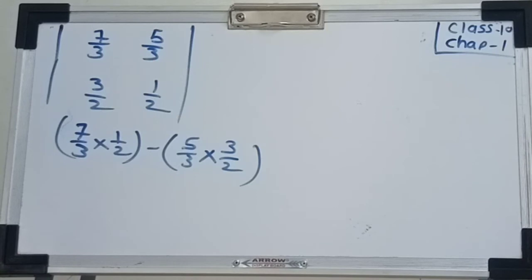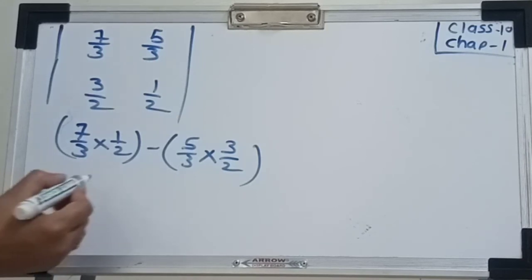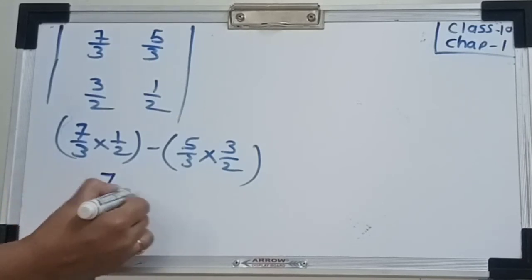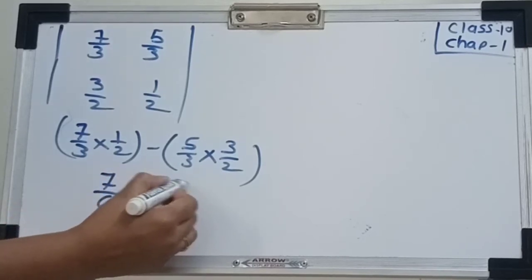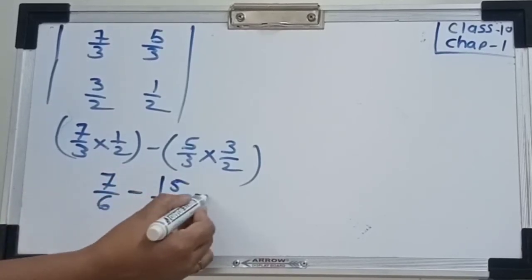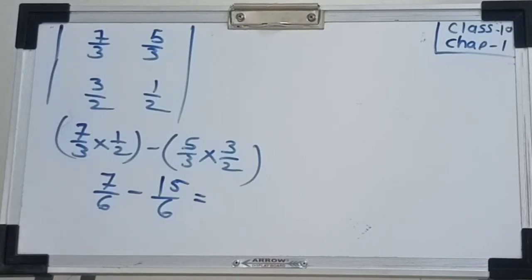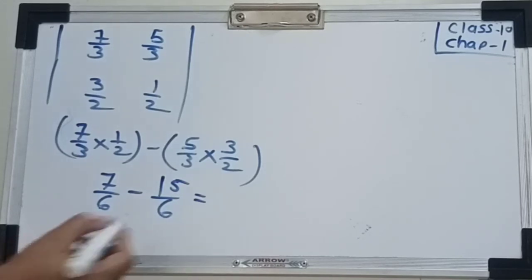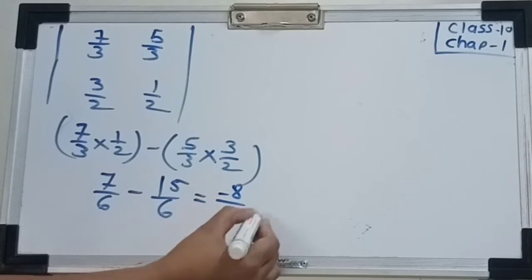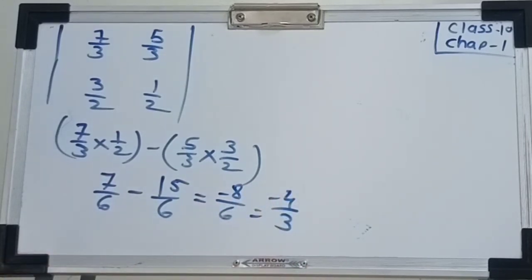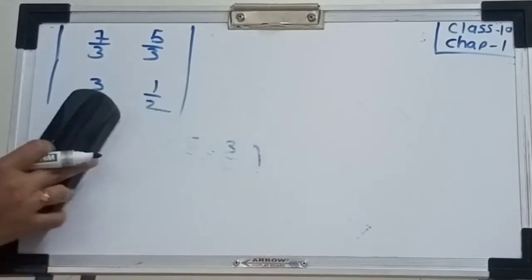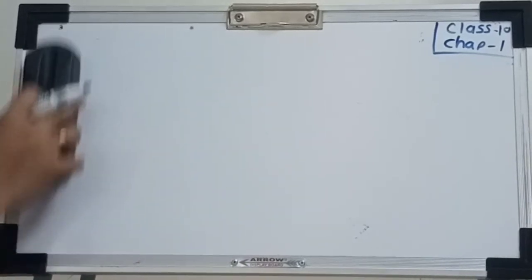Multiply numerator by numerator. 7 ones are 7. 3 twos are 6. 5 threes are 15. 3 twos are 6. 15 upon 6. 7 minus 15, minus 8. Minus 8 upon 6. We also write it minus 4 upon 3. Divide this by 2. 2 fours are 8, 2 threes are 6. Hence our answer is minus 4 upon 3.